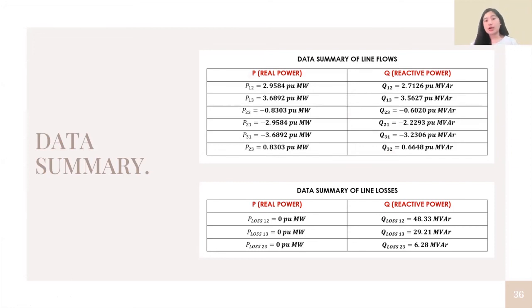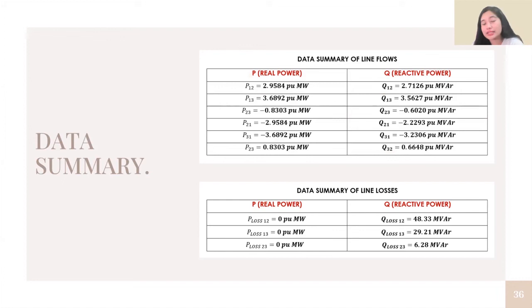So basically, our conclusion here is that they are dependent on each other, because we cannot get the line losses if we didn't get our line flows. For example, the value of our P12, we need to add to the value of our P21. It's the same for all, just the reversed values in real power and reactive power.